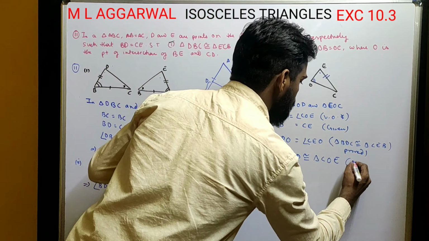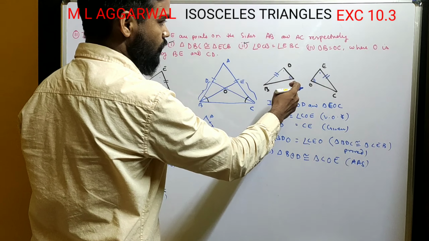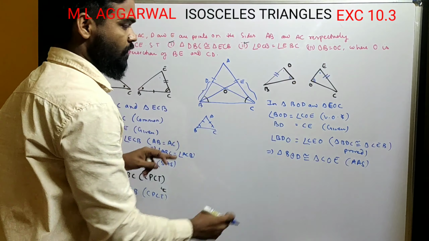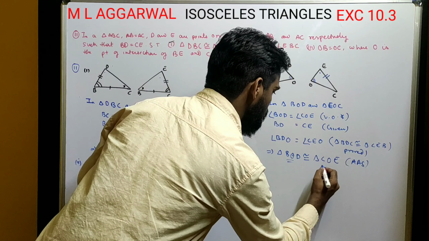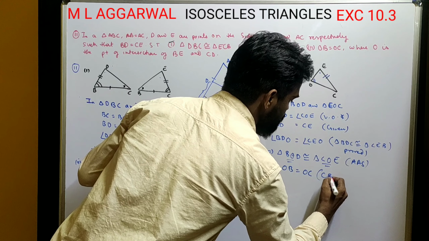Why? Angle angle side. The vertices should match, which means OB will be equal to OC, CPCT.